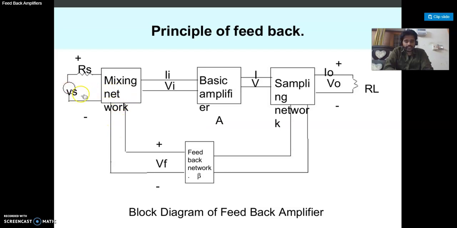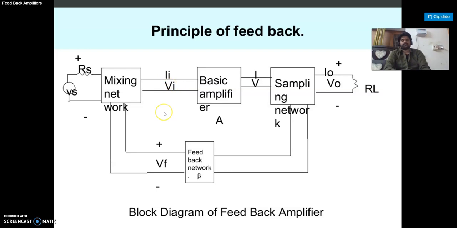That means this input will be out of phase with this feedback output signal, so that the amount of voltage or current produced is going to be decreased. Out of phase means the voltage produced by the feedback network is going to reduce the input quantity Vi.